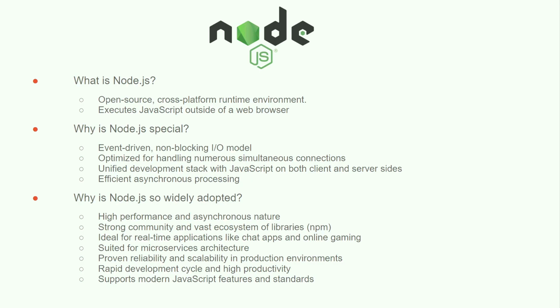Until Node.js came along, there was really no way to run JavaScript outside of a web browser. Another reason why Node.js is so widely adopted is its strong community and vast ecosystem of libraries available through npm, or Node Package Manager.